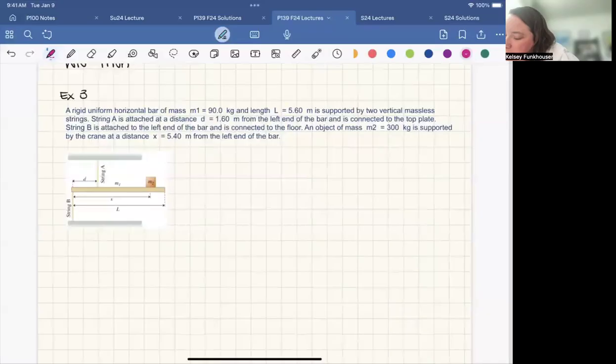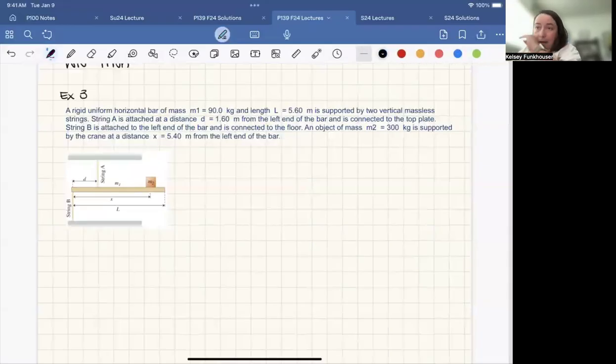String B is attached to the left end of the bar and is connected to the floor. An object of mass M2 equals 300 kilograms is supported by the crane at a distance of 5.4 meters from the left end of the bar. Okay, so this is a more complicated problem than the other ones.